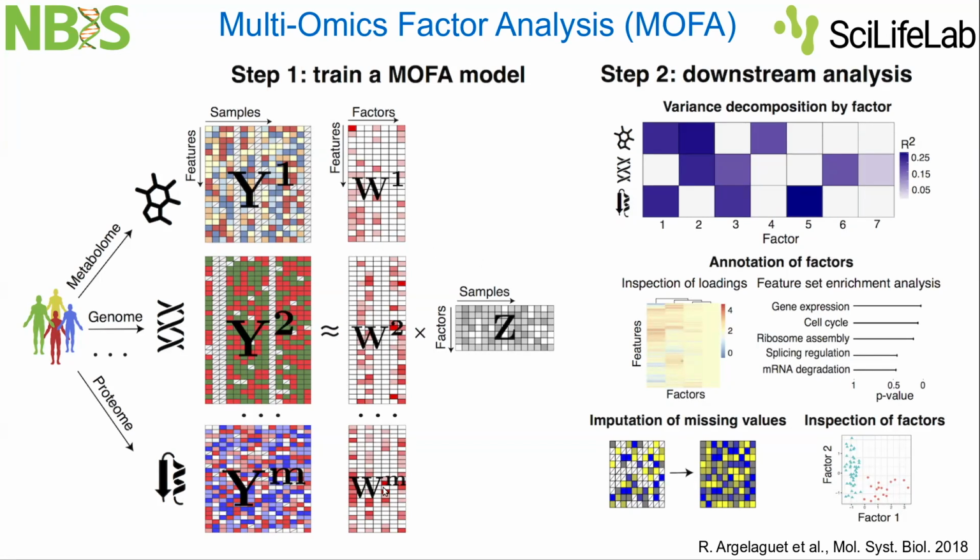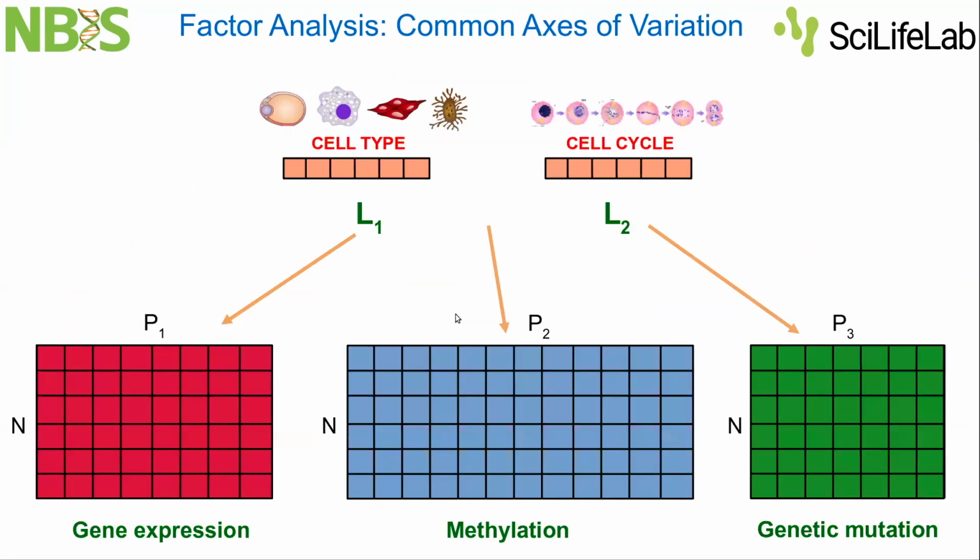These W matrices are individual for each data set, for each individual omic, and those are loadings. But then there is a common factor. This is why, for PLS and MOFA and CCA, the idea behind all these methods is to construct this common matrix that captures some common variation across omics. This is why it's called factor analysis. And here are your latent factors. What's called factors is actually these latent variables L1 and L2.